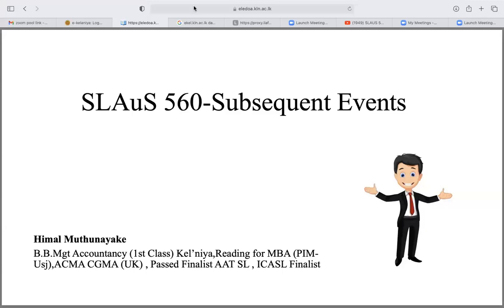It deals with events that happen after the reporting period. Yes, LKAS 10. Very good. So SLAUS 560 is based on LKAS 10, subsequent events.